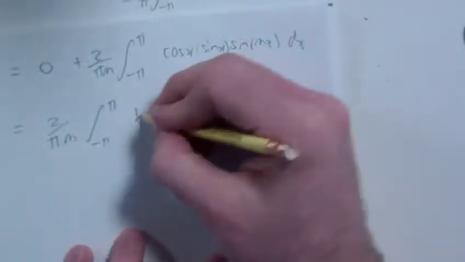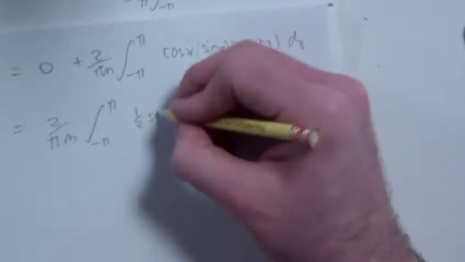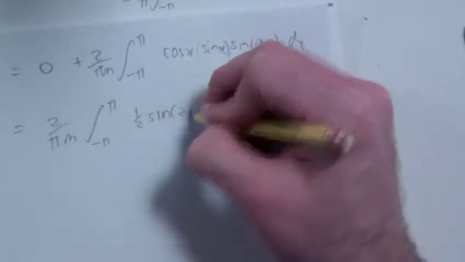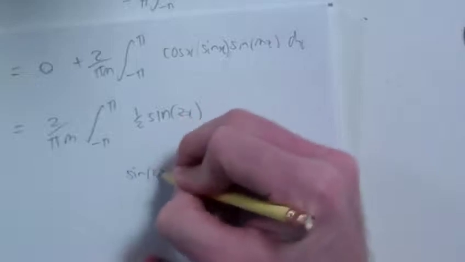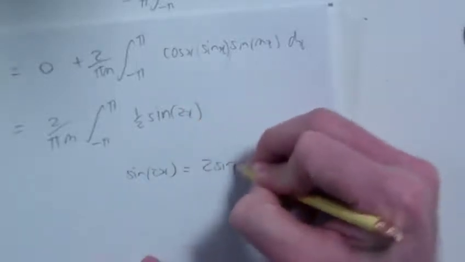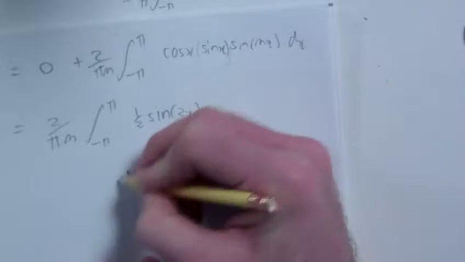Sin 2x is 2 sin x cos x, so I'm going to get this, and I can replace that like this.